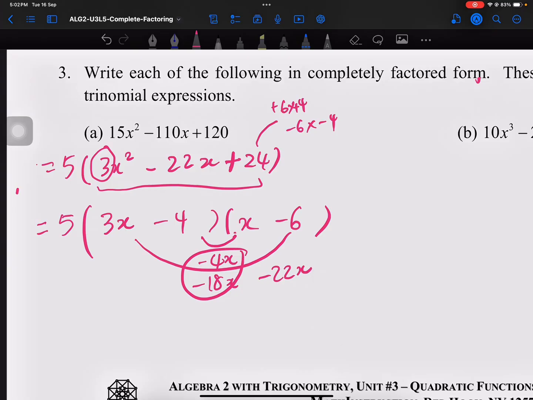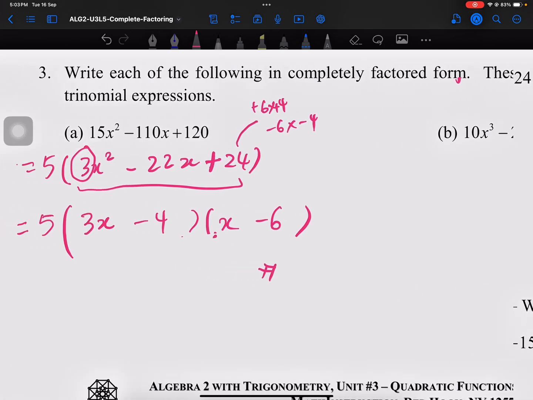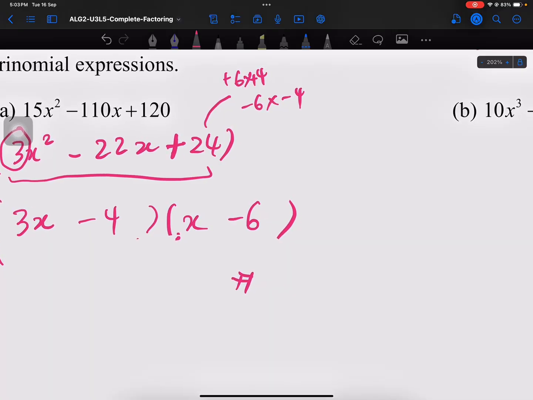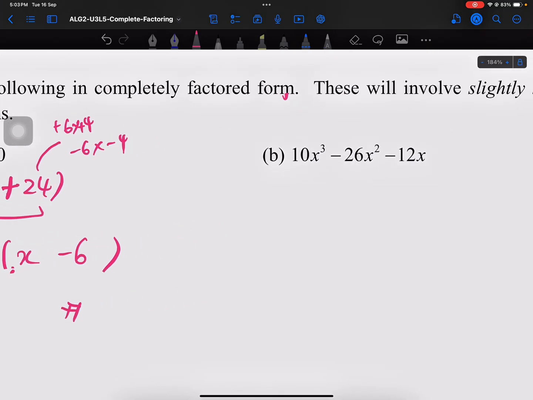So this is our correct factor. Done for A. So same, if you want to check the answer, you can try again to multiply, or expand the bracket first and then multiply 5 inside.